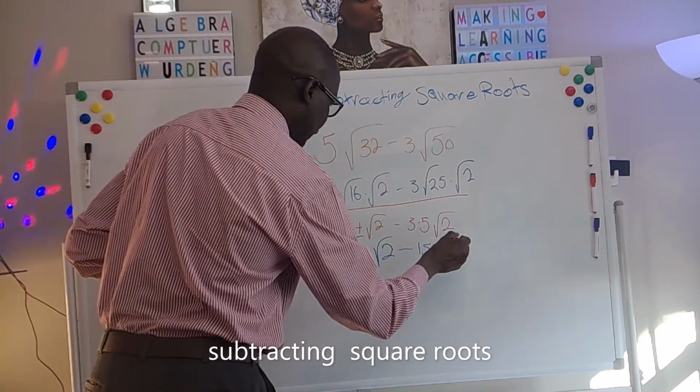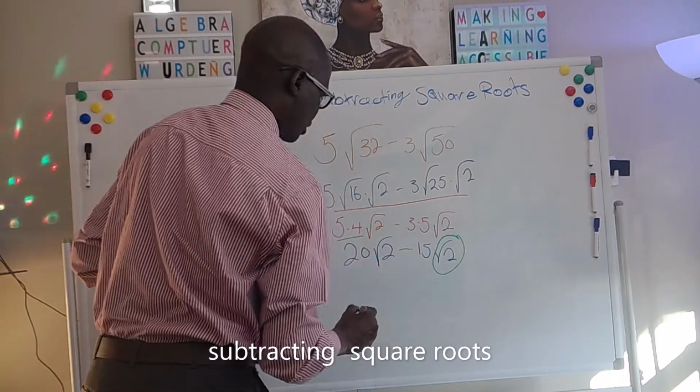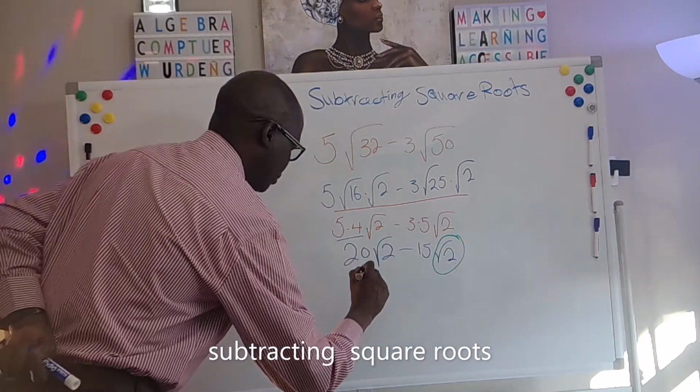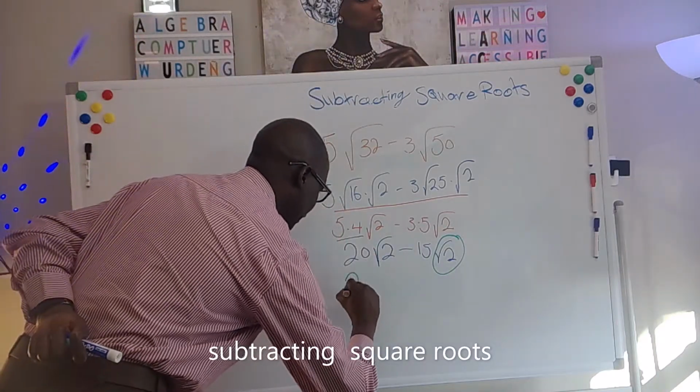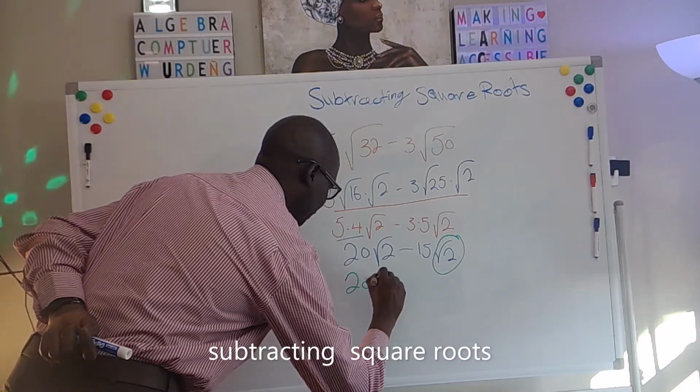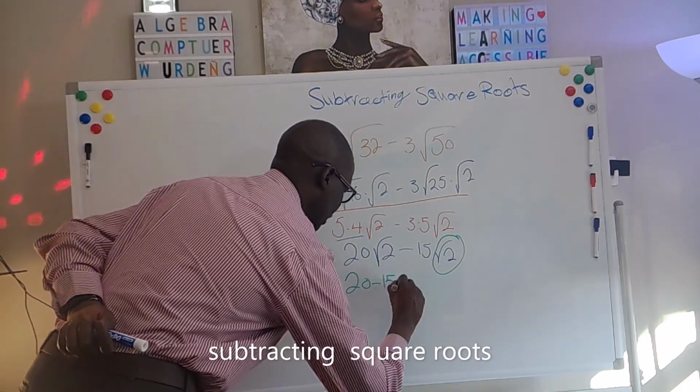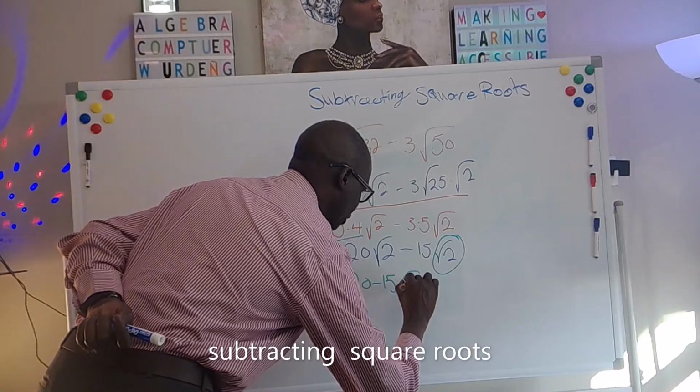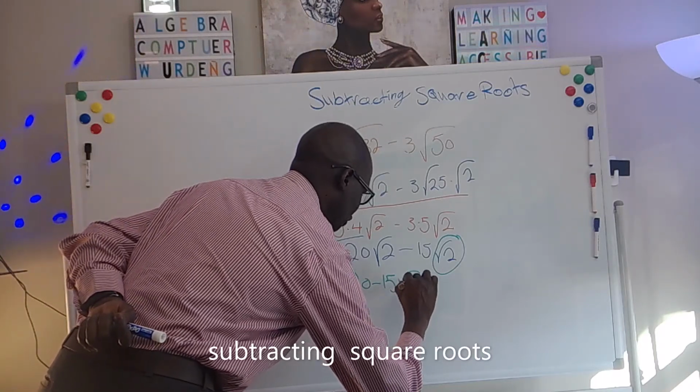Now we can take one of these square roots out and say 20 minus 15 times the square root of 2.